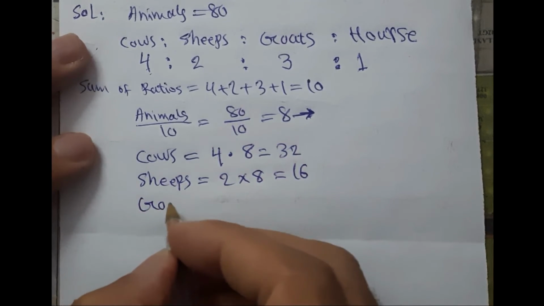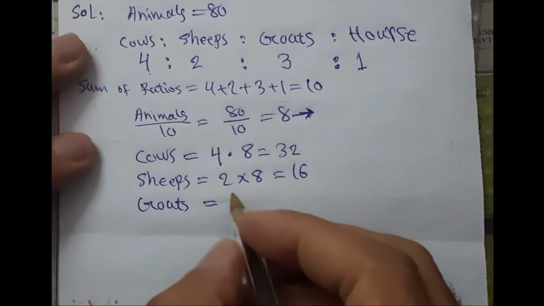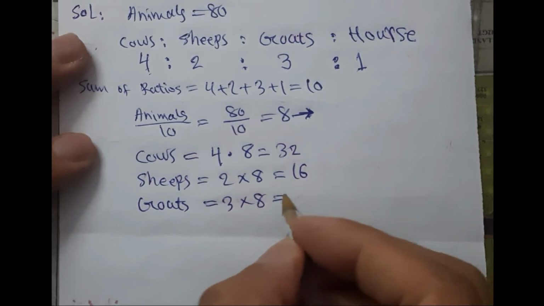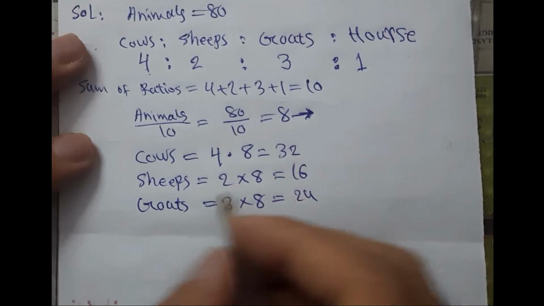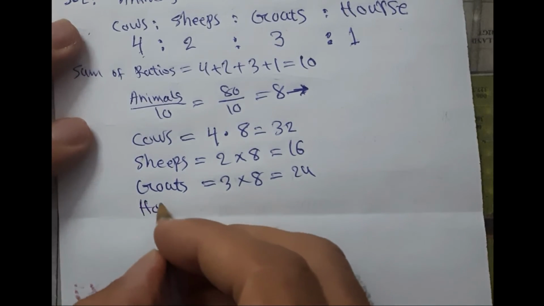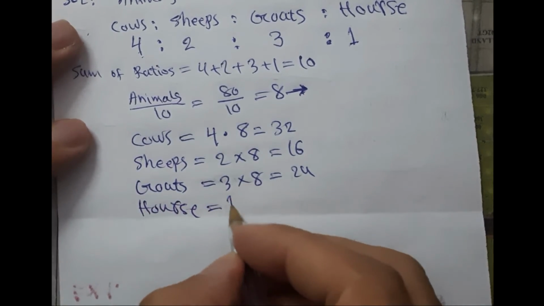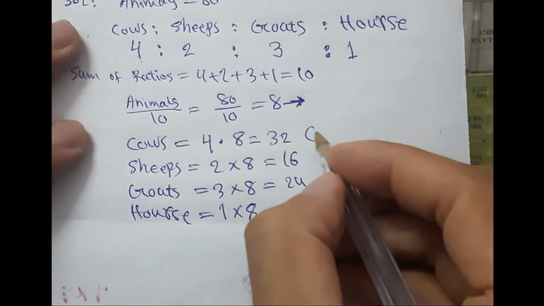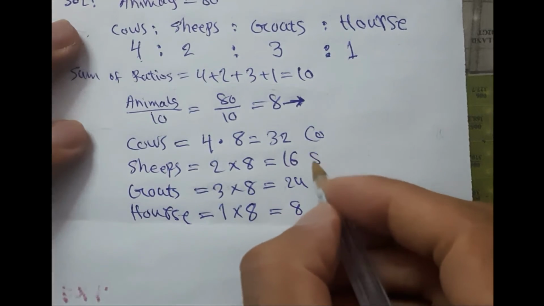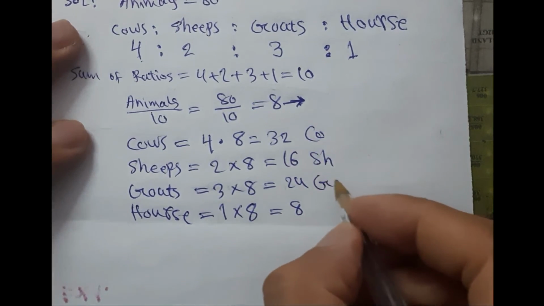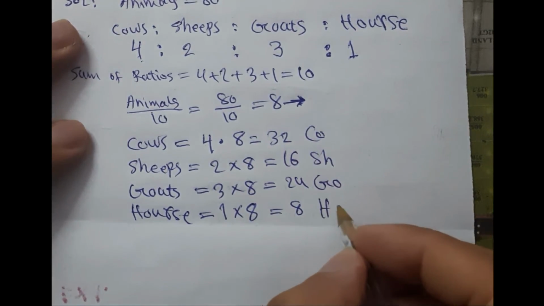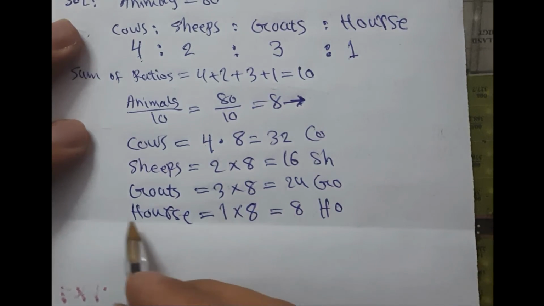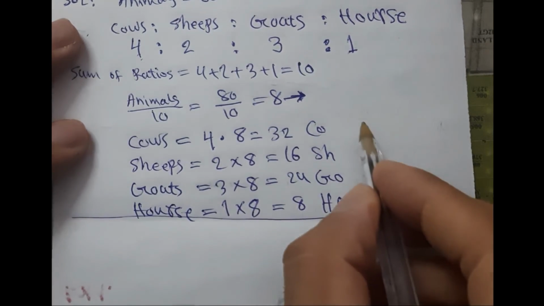Goats is equal to 3 multiplied by 8, which is 24. Horse, we know that there is 1 multiplied by 8, which is equal to 8 horses. Cows, sheep, goats, and horses. It is the solution of this example.